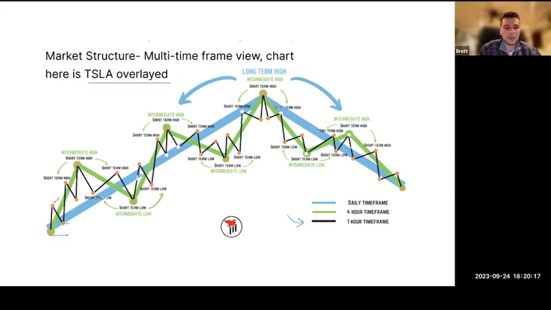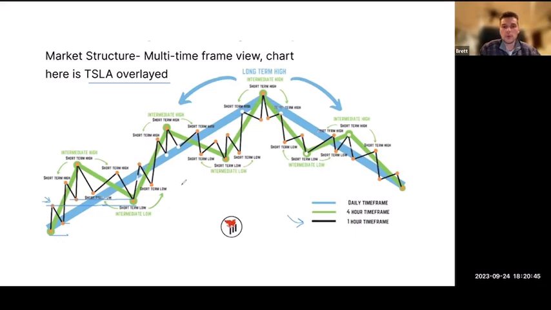We pull back, but we hold that recent swing high, right? As long as we're holding these recent swing highs, we are ripe for continuation. So we continue higher. We then pull back, and then notice what we do again. We hold that recent swing low. So we make a new short-term low. Some people would call this a liquidity grab. Others would understand that we held that recent swing low and then we continued higher and pushed up off of that level.